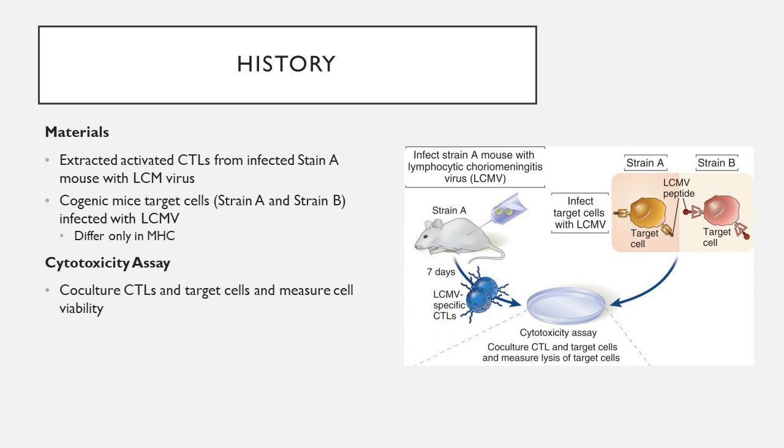And then what they would do is co-culture these CTLs with target cells of both that same uninfected strain A and then a different strain B, whose only difference was through the MHC complex.